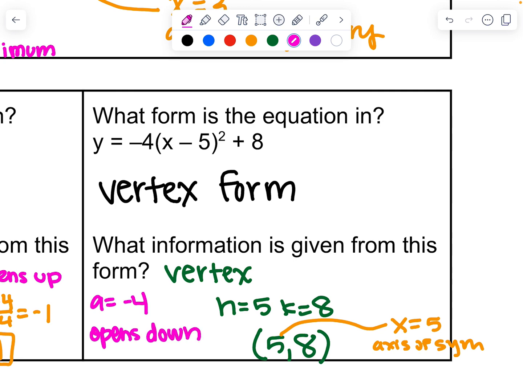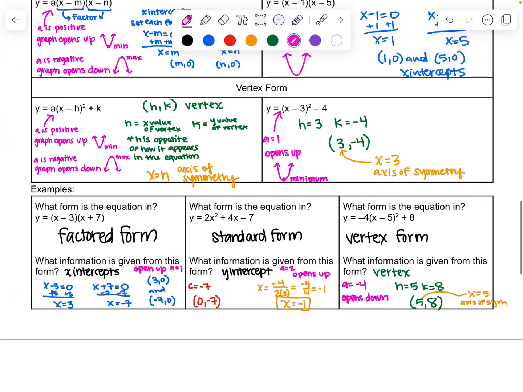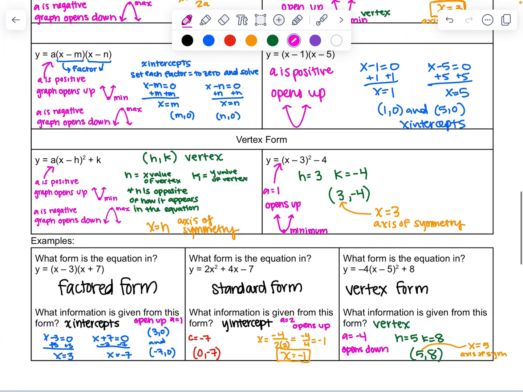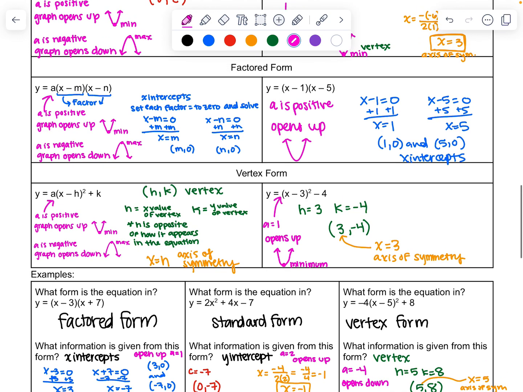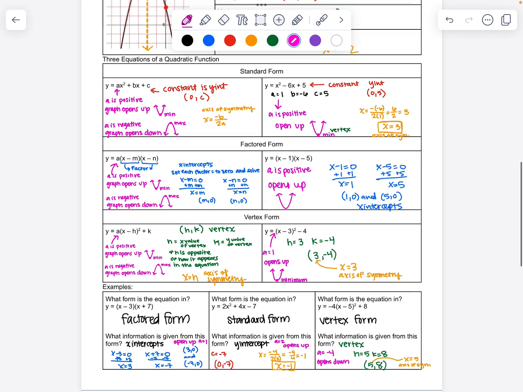We're going to explore a little bit further and see what the different specific values for a do, as far as does it make it wider or narrower. We're going to give names to those types of transformations. So we'll use some of our vocabulary from our last unit for transformations, but we should be able to identify those. So the goal here would be able to identify the key features from any of those forms.